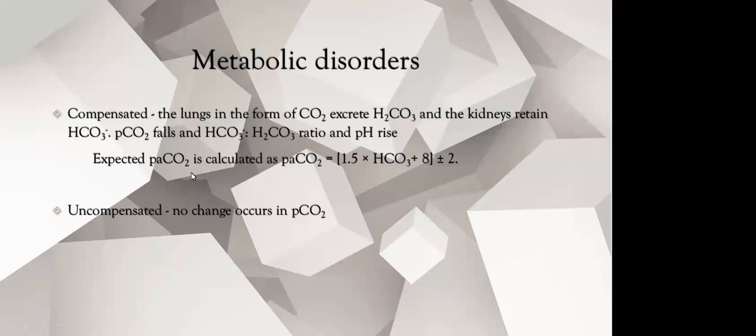The expected partial pressure of carbon dioxide is calculated by 1.5 times the bicarbonate value plus 8, plus or minus 2. This happens in compensated metabolic disorders. But in uncompensated disorders, there will be no change in partial pressure of carbon dioxide with the change of bicarbonate.